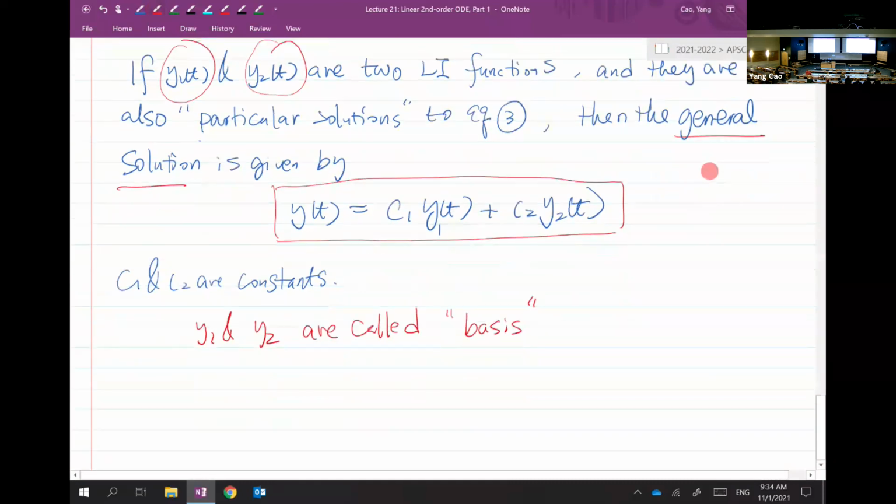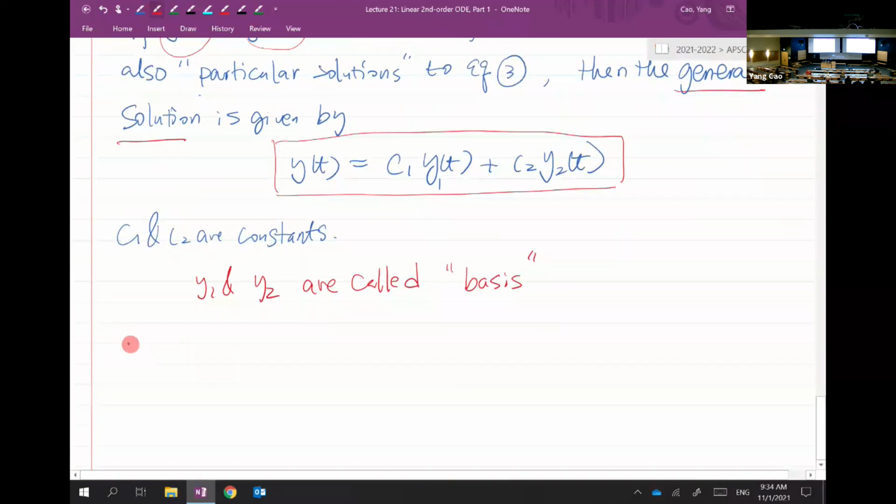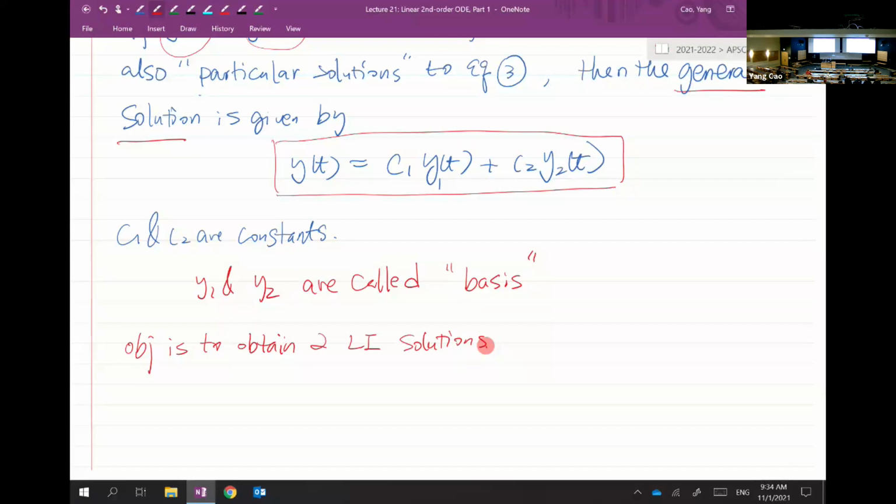And that will be the objective. So the objective is to obtain 2 linear independent solutions. Not just 2 solutions, they have to be linear independent solutions.